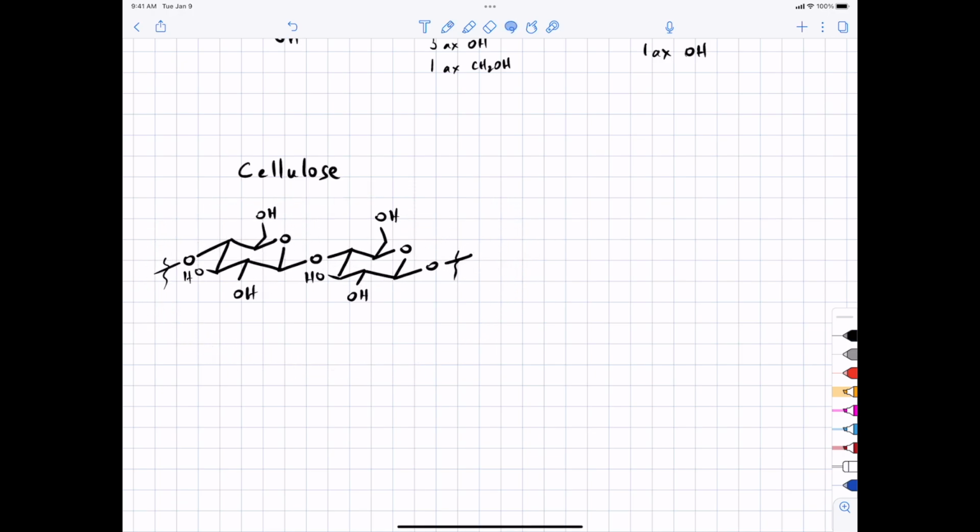Now I'm going to draw for you starch. In particular, the carbohydrate I'm drawing for you is called amylose. And it's going to have the same basic subunit except for one thing.